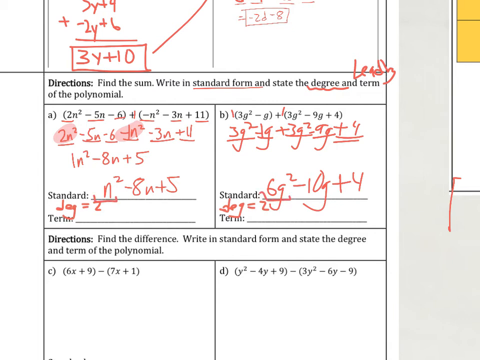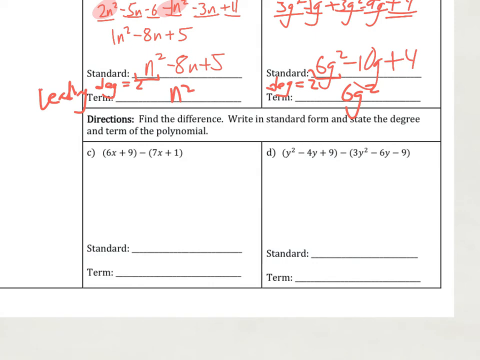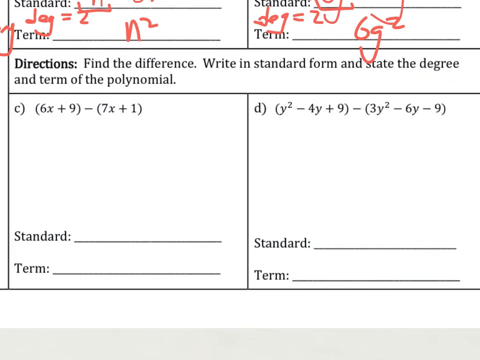So the leading term, no typo there. The leading term here would be n squared, and the leading term would be 6g squared. And that leading term there is an important thing because that tells us a lot about what's going on with the polynomial.